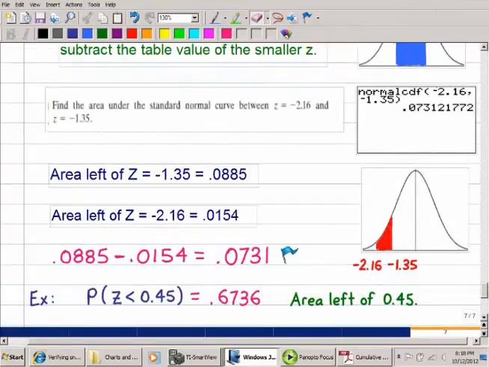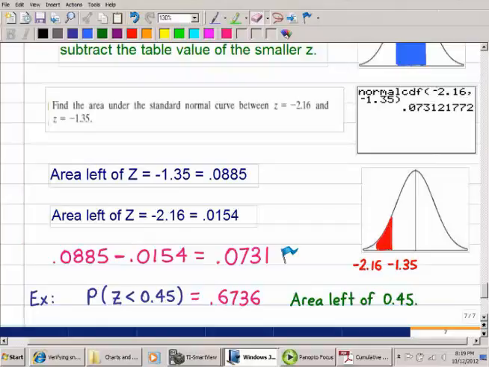So here's one: find the area under the normal curve between z equals negative 2.16 and negative 1.35. So I found the two values, negative 1.35. Let's go back up here. It'll be the sixth column. There we go. That's 0.0885.